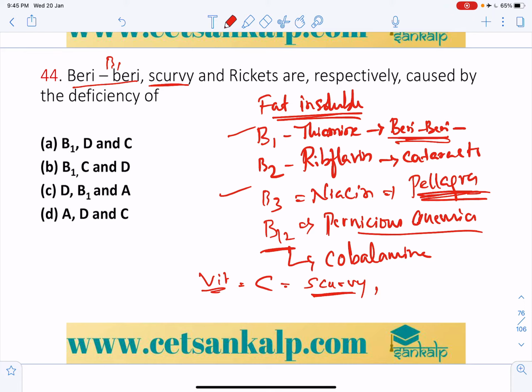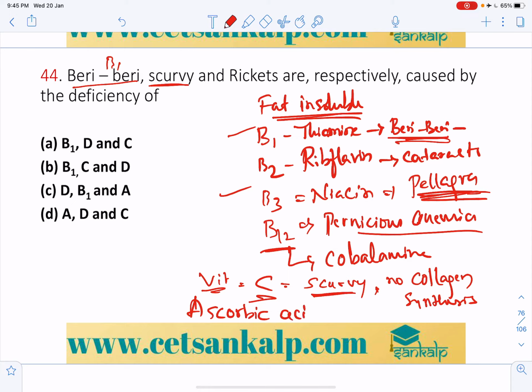And along with that, there is no collagen synthesis, and C is very much required for collagen synthesis. If there is a deficiency, no collagen synthesis takes place. Hence there will be bleeding, right? C, what is the scientific name, found in almost all citrus fruits? Ascorbic acid.